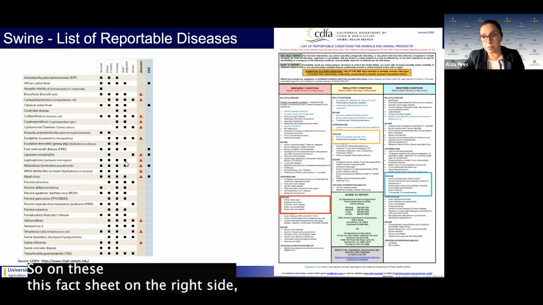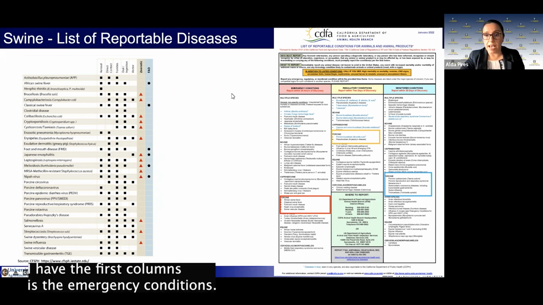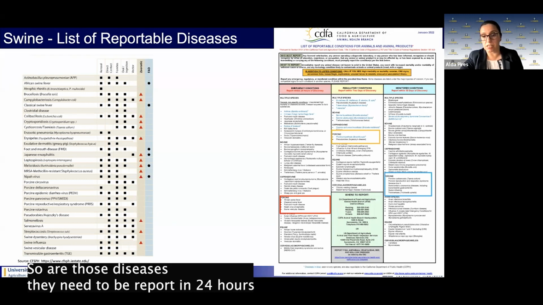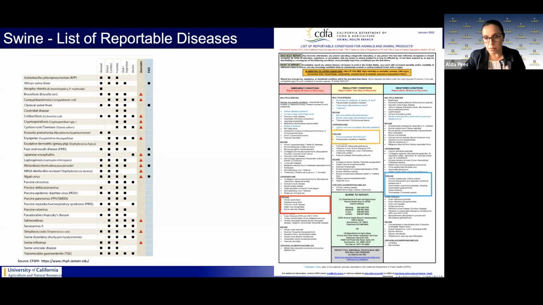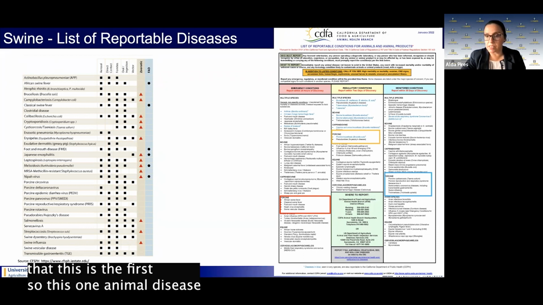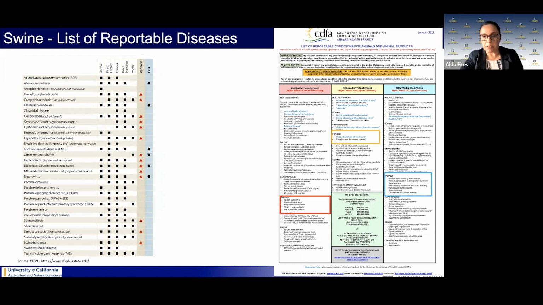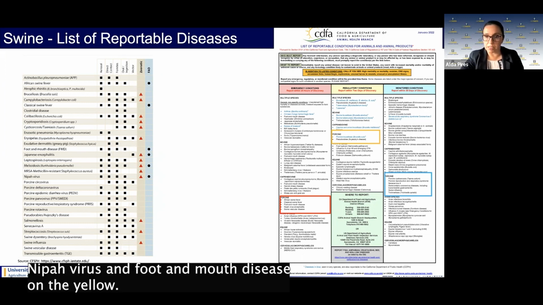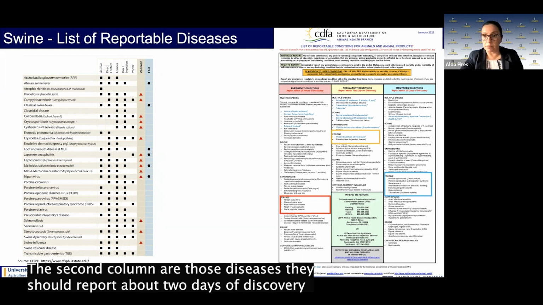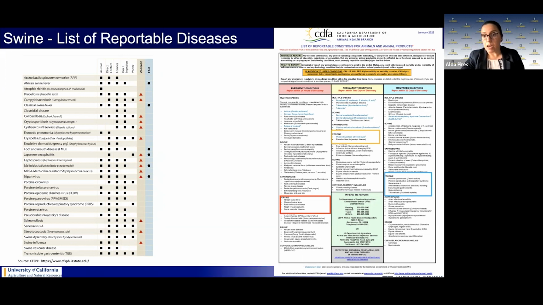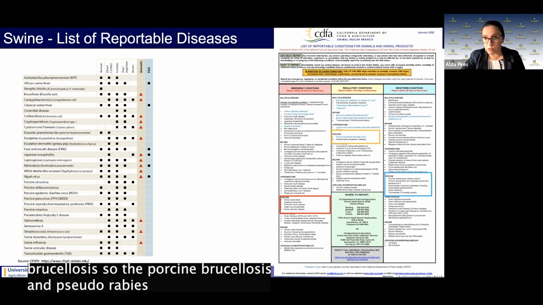On this fact sheet on the right side, the first column is the emergency conditions. Those diseases need to be reported within 24 hours by the veterinary official. The foreign animal diseases are African swine fever, classical swine fever, Nipah virus, and foot-and-mouth disease. In yellow, the second column lists diseases that should be reported within about two days of discovery, for example Brucella suis, porcine brucellosis, and pseudorabies.